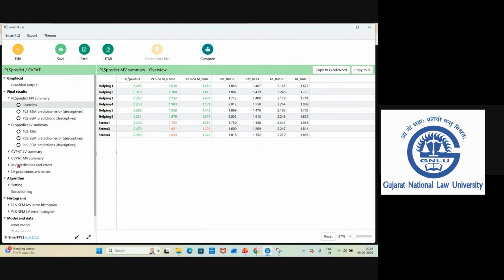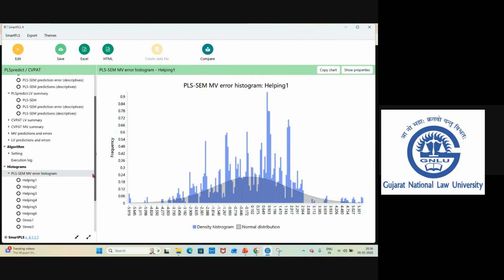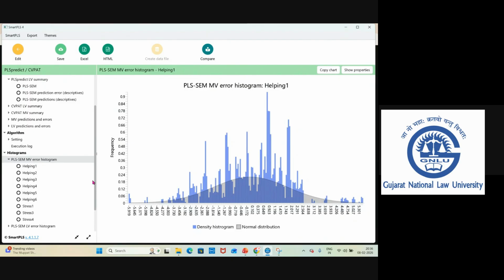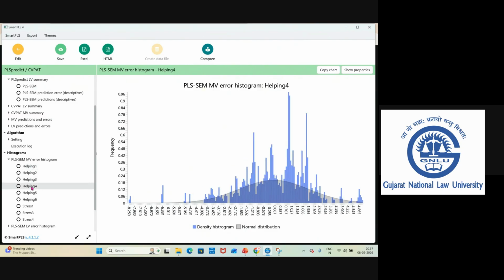How do we understand that? We need to see the option called histogram. Just come here. Look at this particular data set. I hope you are able to see this. With the help of the histogram, we are able to see indicator-wise, for every indicator, whether our data is distributed normally or not.